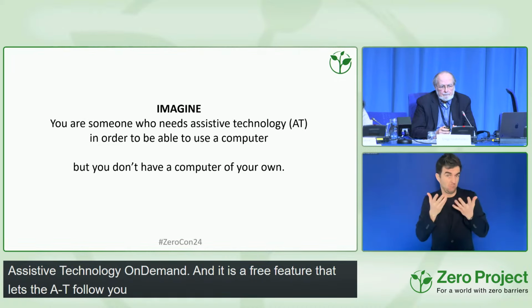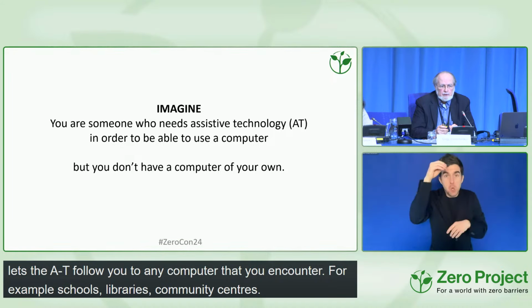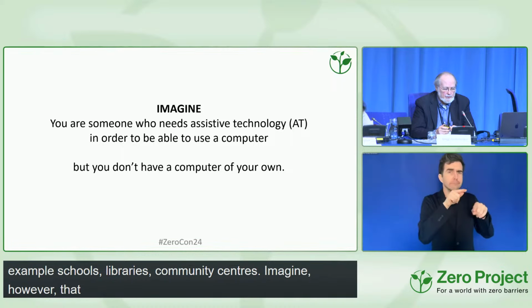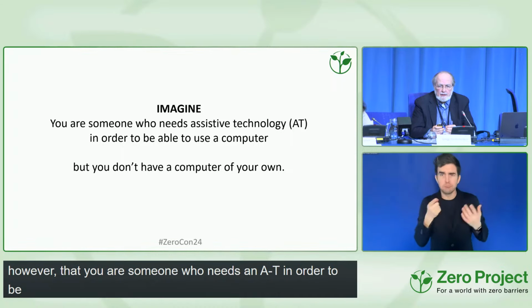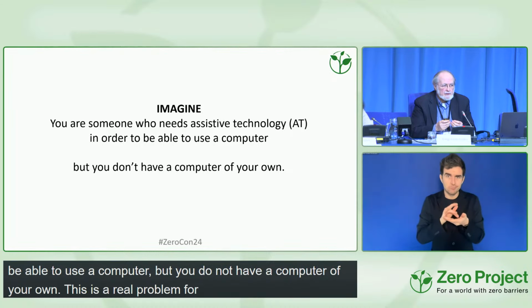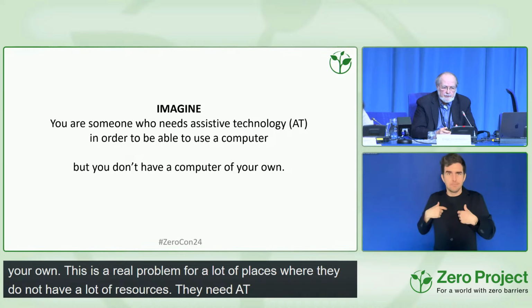So imagine that you are someone who needs an AT in order to be able to use a computer, but you don't have a computer of your own. This is a real problem for a lot of places where they don't have a lot of resources. They need AT. Even if somebody gave them AT, there's nothing they can do with it. They can't install it on the computers at school. They can't install it on the computers.